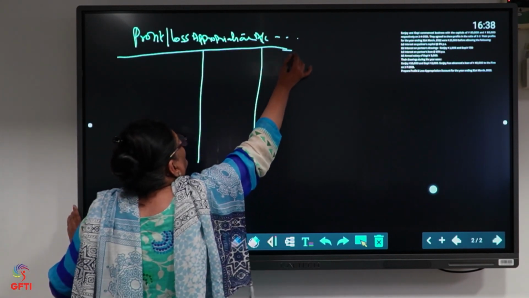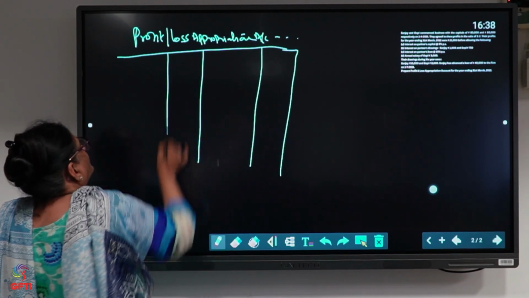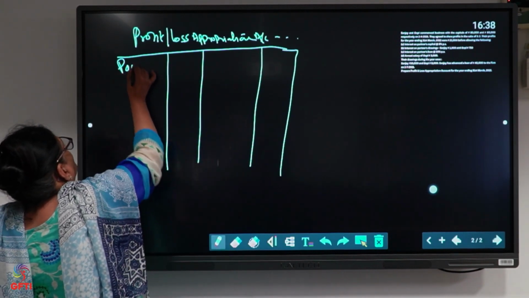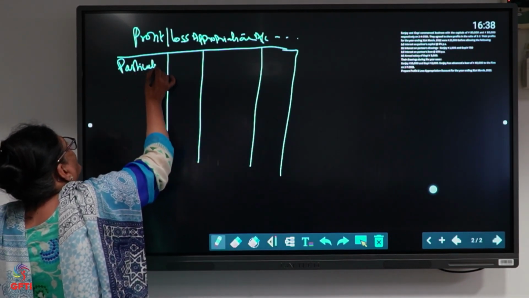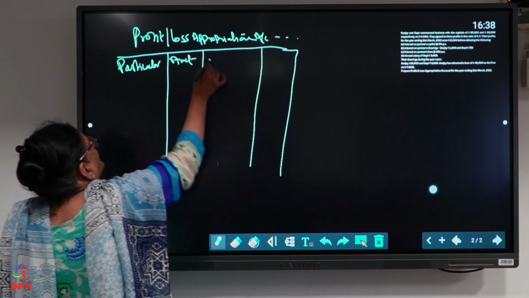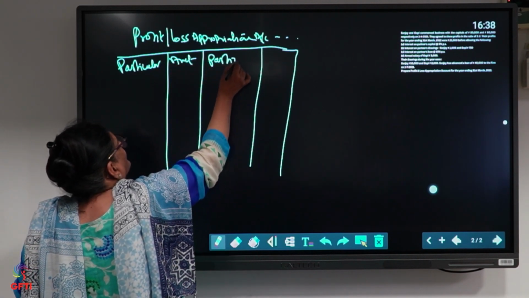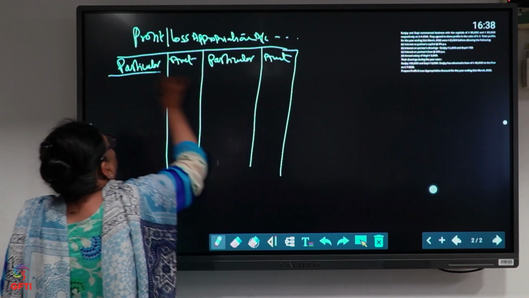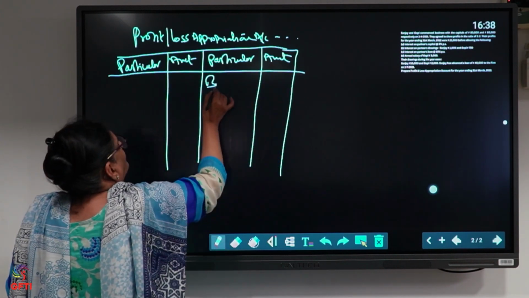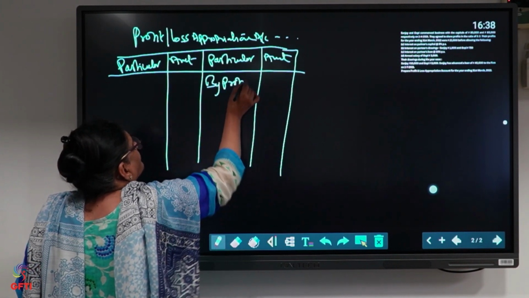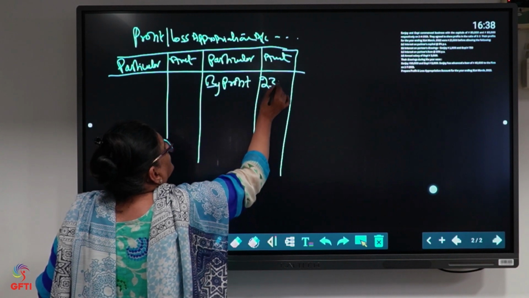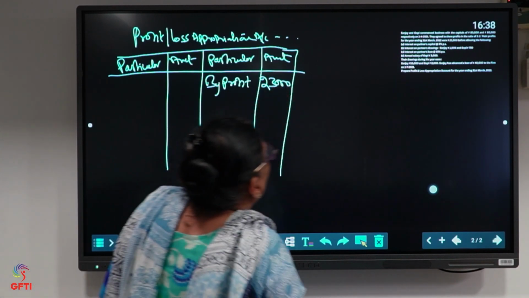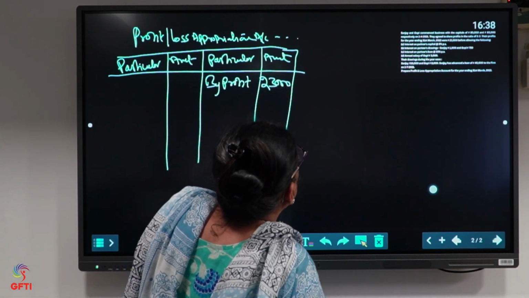One more revision of the appropriation: particulars, amount, particulars, amount. Now bring your profit, 23,000. Profit is 23,000.